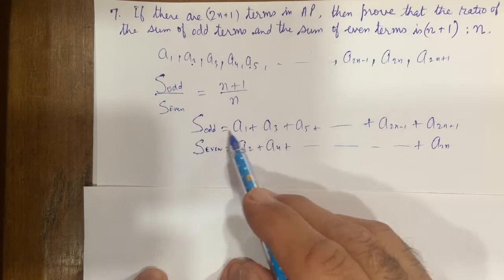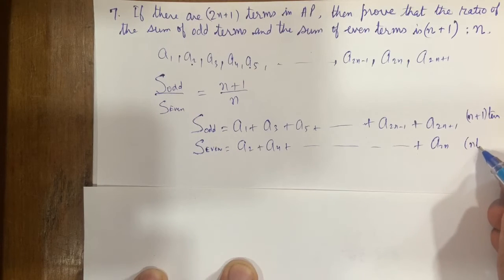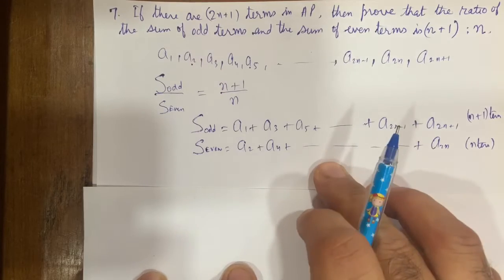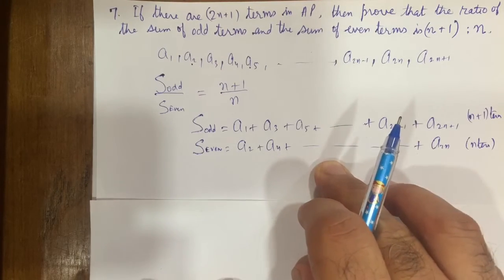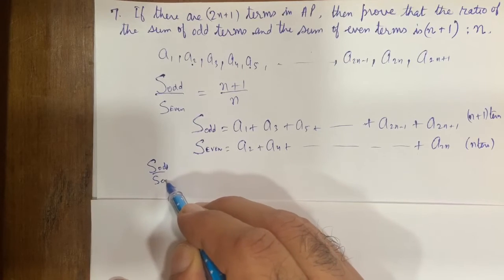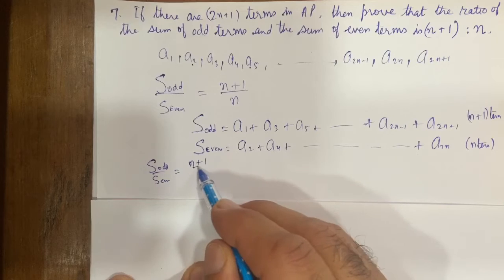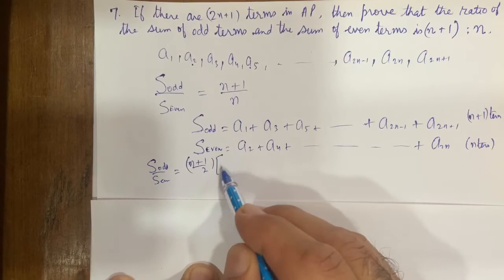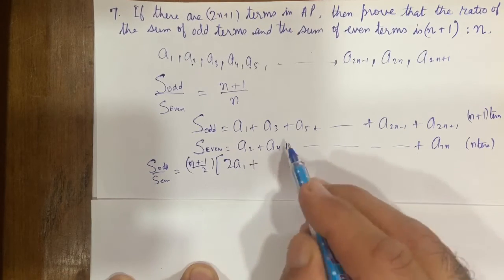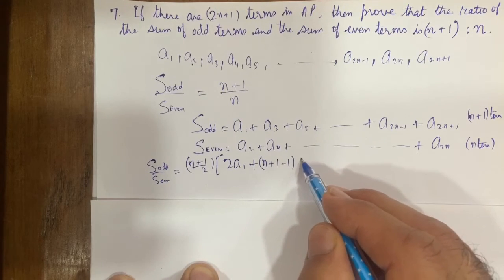So in the first series there are n plus 1 terms, and in the second there are n terms. So let's find the sum of odd to sum of even number of terms. This will be n plus 1 by 2, then 2a1 plus n plus 1 minus 1 into common difference.